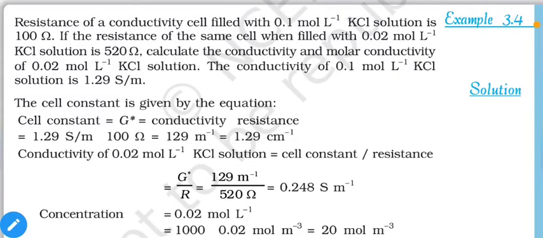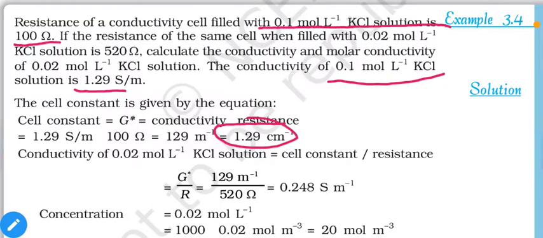So let us quickly discuss our example. The value of conductivity of 0.1 molar KCl solution is mentioned as 1.29, and for the same KCl solution, resistivity or resistance is also mentioned. So from these two values we can calculate the cell constant, which is 129.